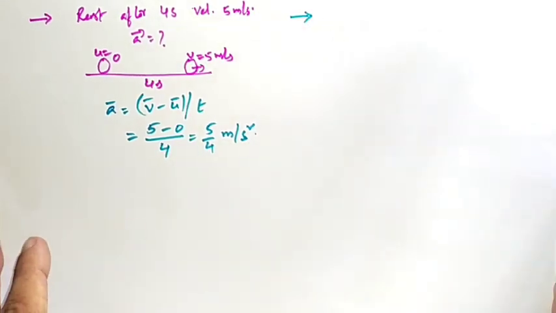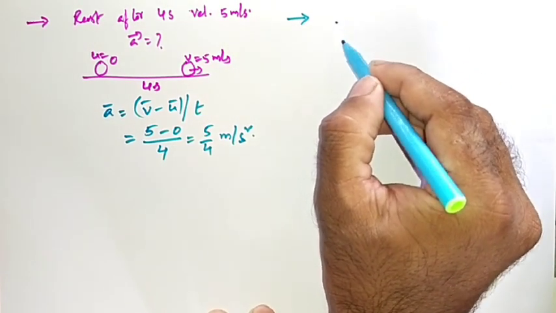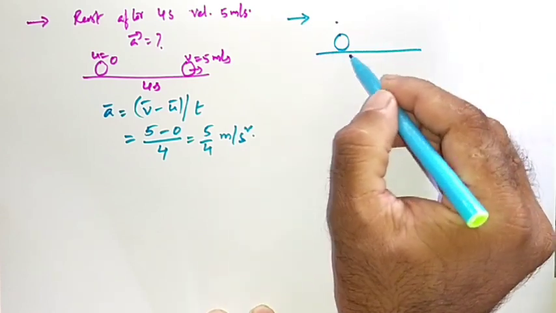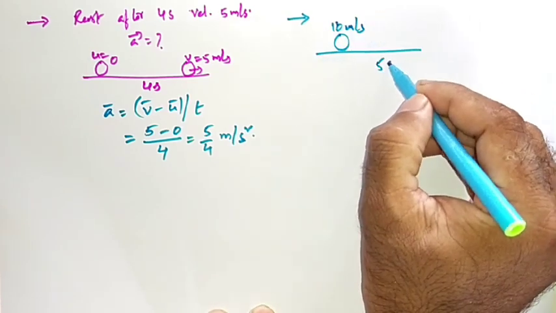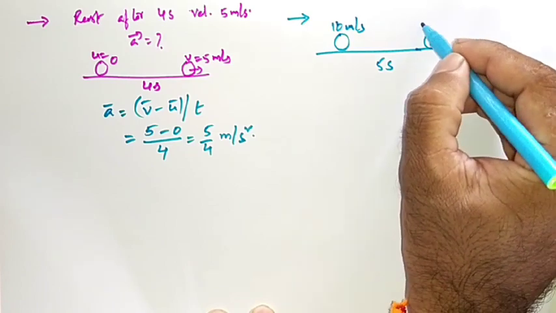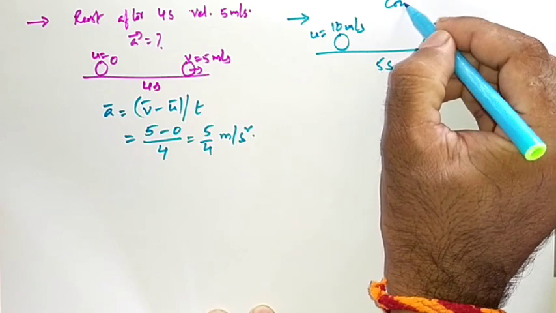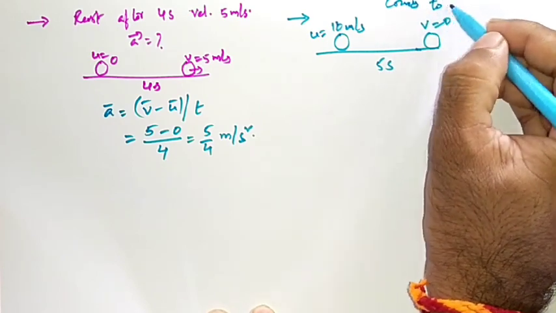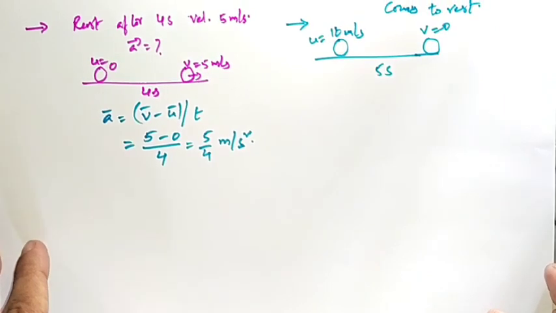Now a body is moving with a speed of 10 meters per second. After 5 seconds it comes to rest. Comes to rest means the final velocity is 0. I said already, comes to rest means the final velocity of the object is 0.